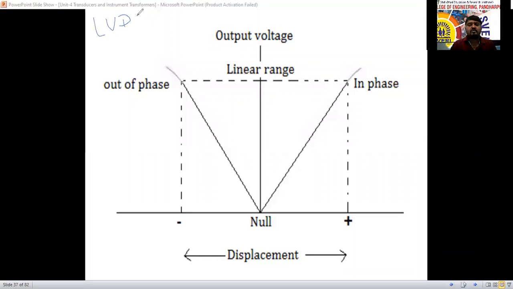L indicates linear, variable, differential transformer.